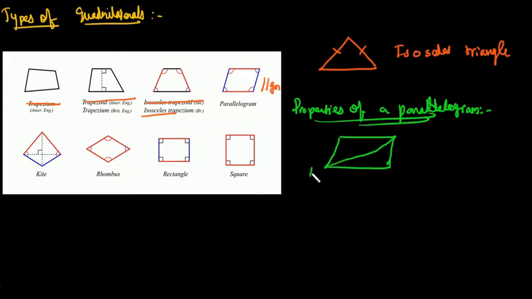So in this parallelogram ABCD, triangle ABC is congruent to triangle ADC. This is one property of a parallelogram. So what is another property?